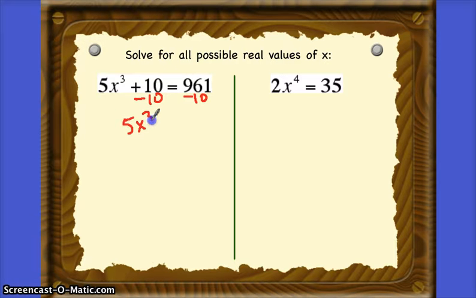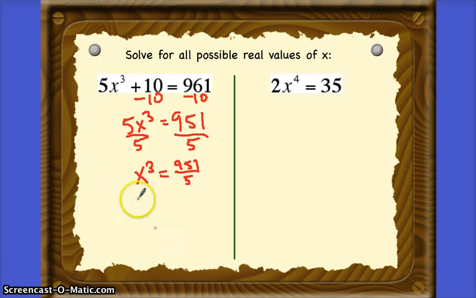So 5x to the third equals 951. Divide that by 5, next easiest thing to take away. So x to the third equals 951 over 5, whatever that may be. And finally, in order to get rid of a third power, we want to take a third root.